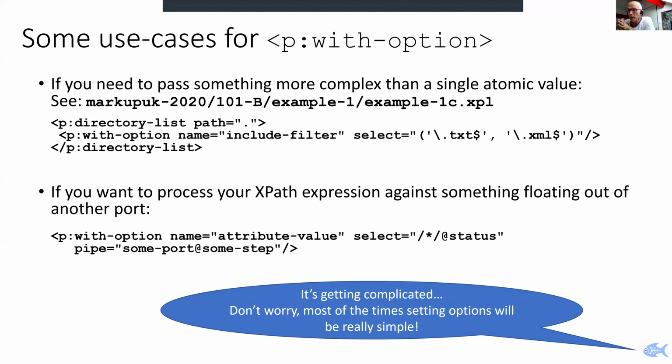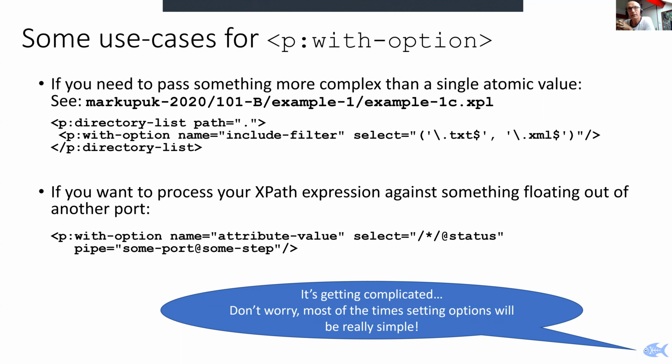Another use case for using p:with-option is when you want to process your XPath expression against something floating out of another port. So let's assume that somewhere else in your pipeline you have a document with a status attribute on the root, and you want to catch that value, you want to pass that value to an option.